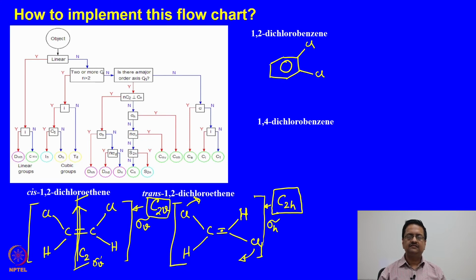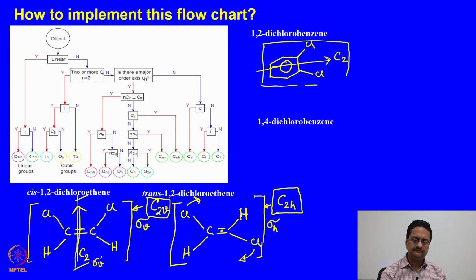So, it does not have C6 symmetry anymore. So, what symmetry does it have? It is clearly visible that this is a C2 bisecting the molecule. The plane of the molecule is a sigma plane, and that plane contains the C2 axis. So, it is sigma v.